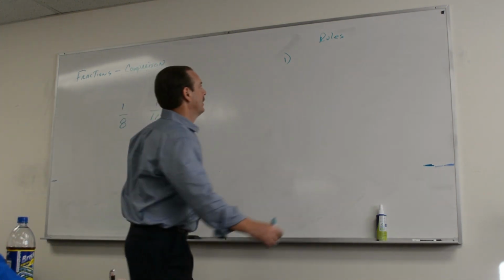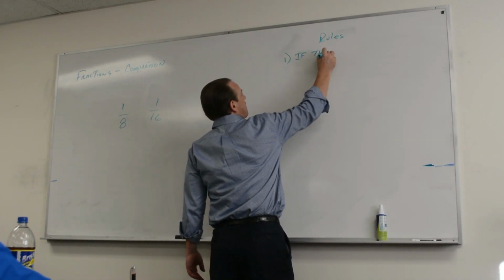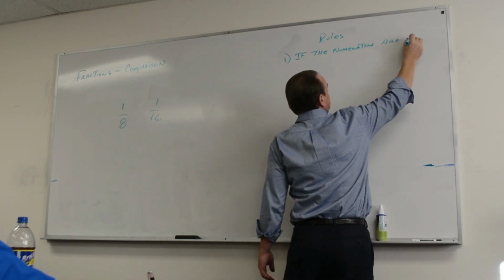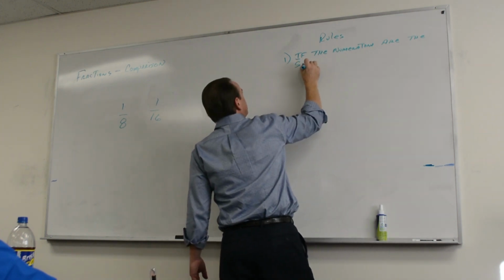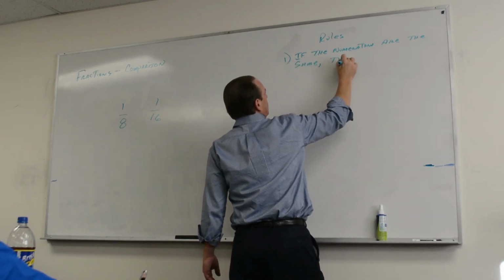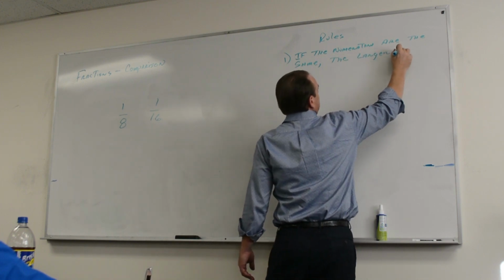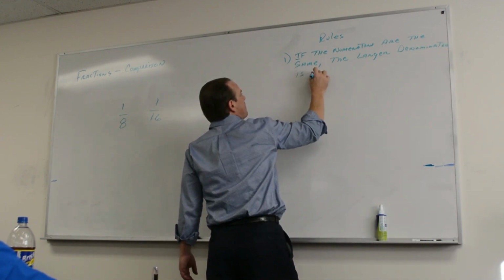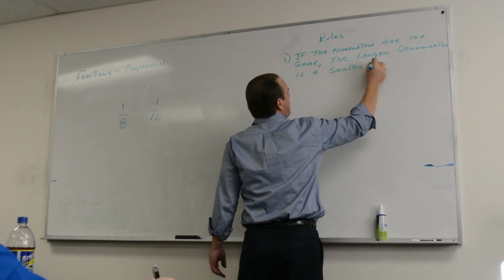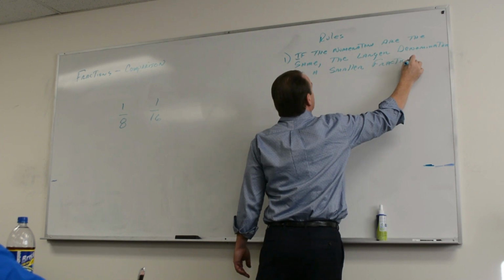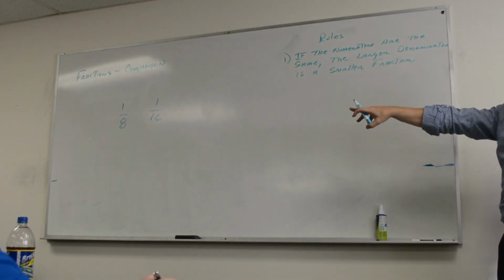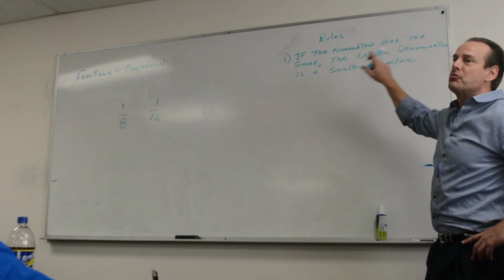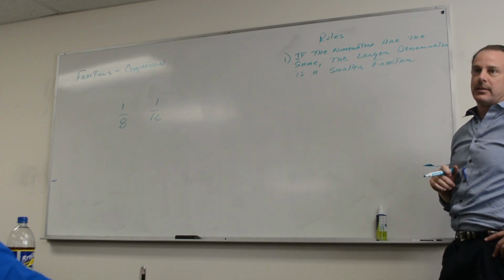Let's write a rule for that. All right, rule 1 says, if the numerators are the same, that's the case we have, they're both 1, the larger denominator, in this case the 16, is the smaller fraction, or the smaller portion size.